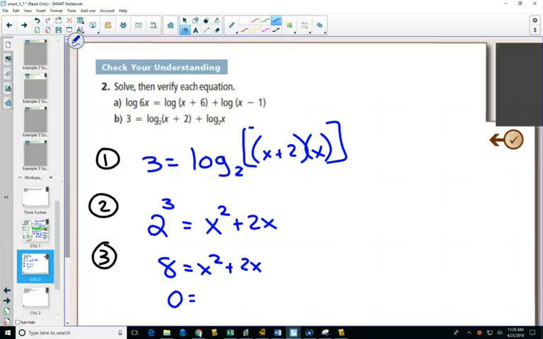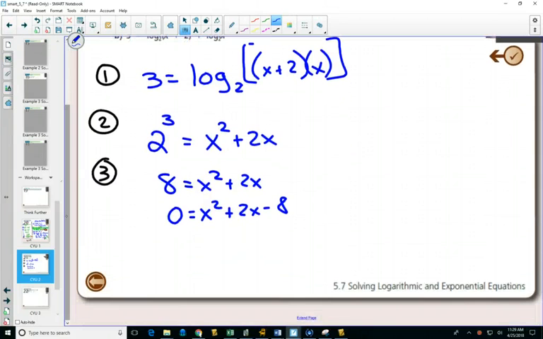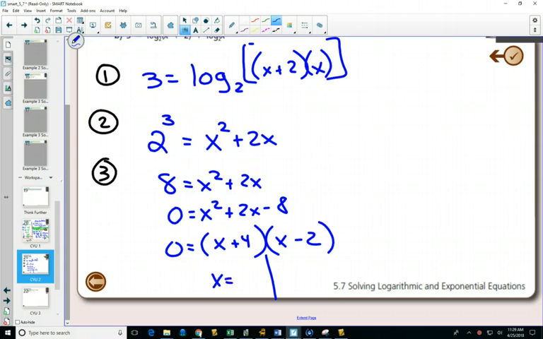I solve quadratic equations by making one side equal to 0. Can I factor? Or quadratic formula. Luckily, this one factors. Plus 4 minus 2. X equals minus 4. X equals 2. So all of this, step 3, solving for x.